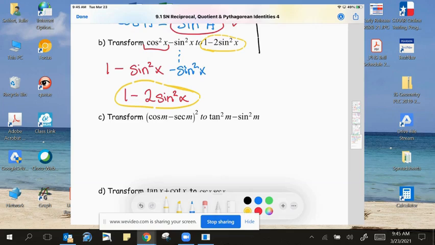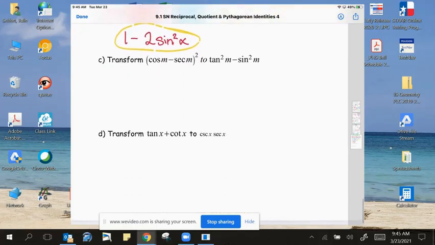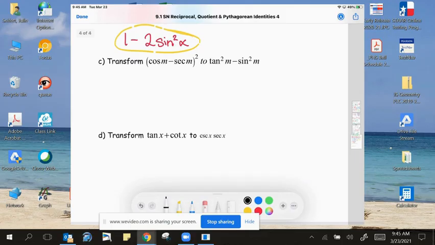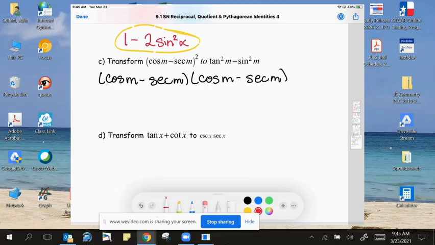Now, looking at part C, we are multiplying this out. Remember, to square something, you are multiplying it by itself. So this is cosine m minus secant m times cosine m minus secant m. And again, we'll double distribute to multiply all that out.